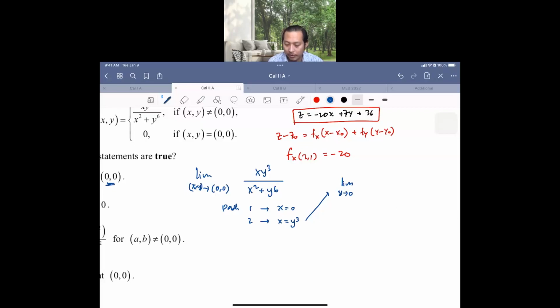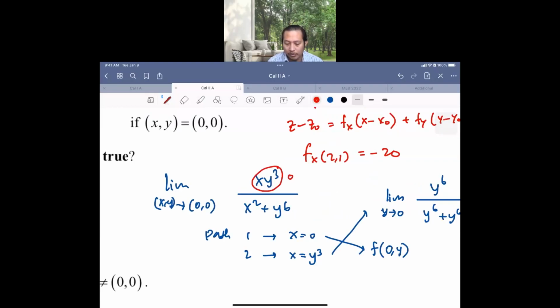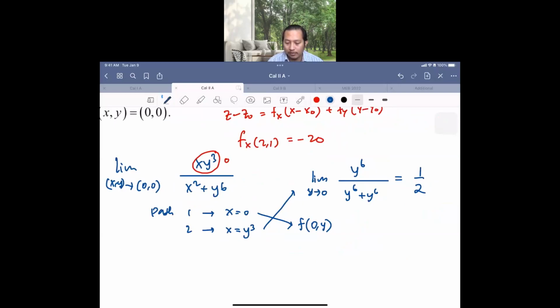So xy cubed becomes y cubed times y cubed, y to the 6, and then this gives you y^6 plus y^6, or 1 over 2, right? And then for x equals 0, we can take 0, y. Since the top is xy cubed, it will be 0, so the whole thing becomes 0. So the limit is 0.